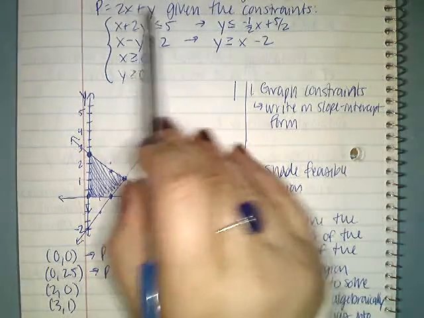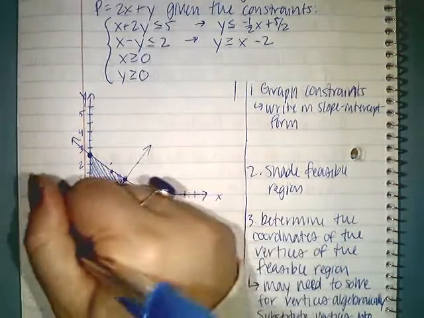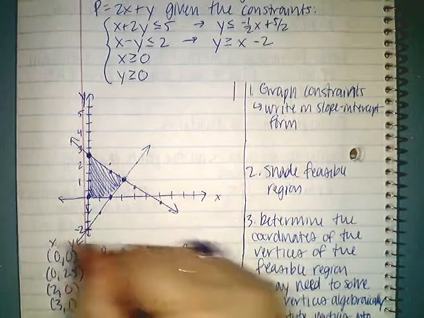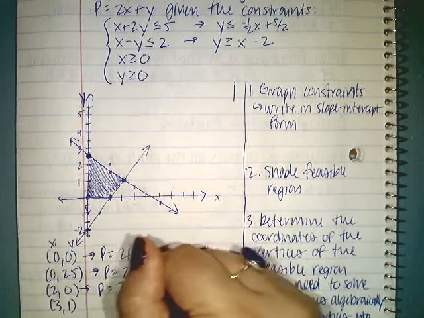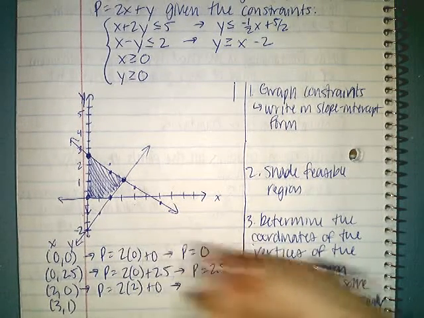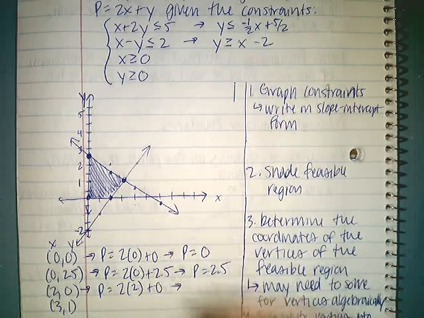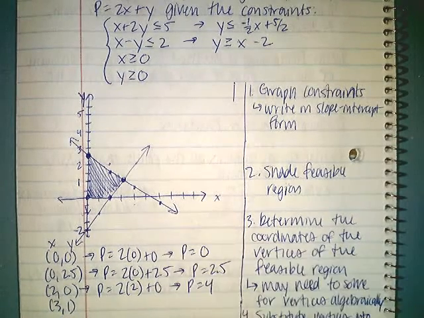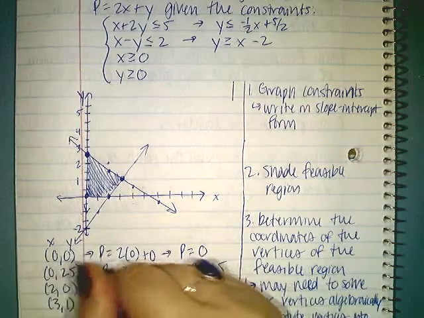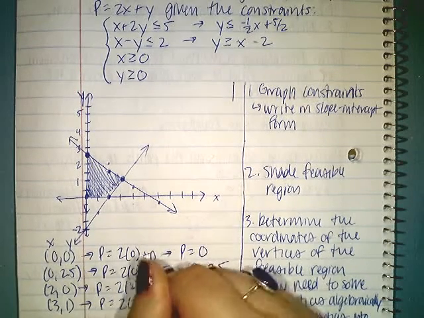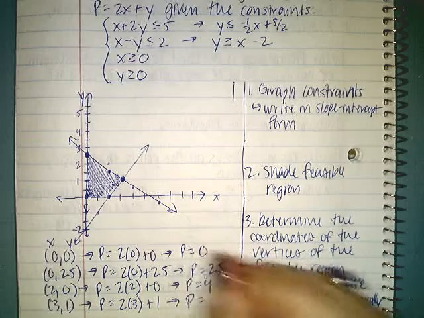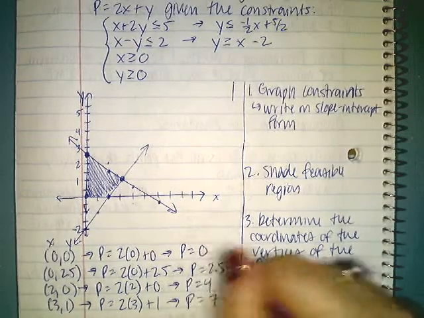So again, I'm just plugging these values in for x and y here. So I have my x and my y values. The next one I get P equals 2 times 2 plus 0, which ends up with 2 times 2 is 4, so P equals 4. The last one, P equals 2 times 3 plus 1, and that's going to be 7.